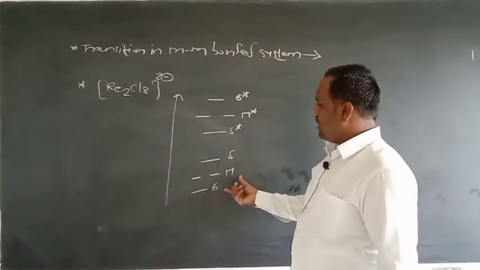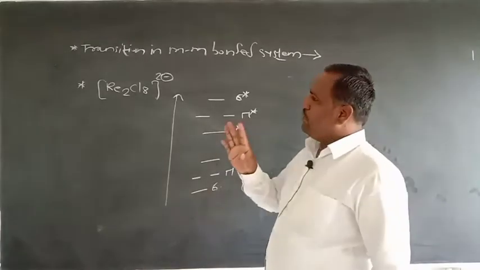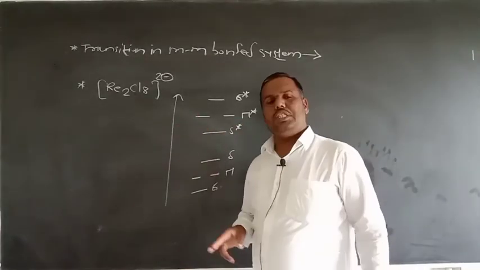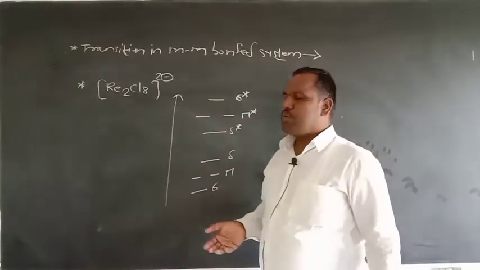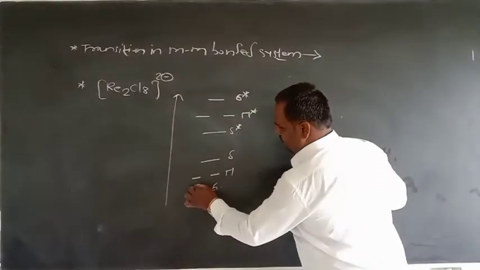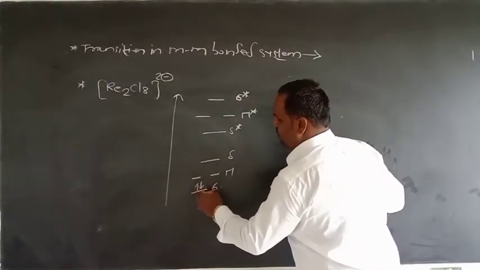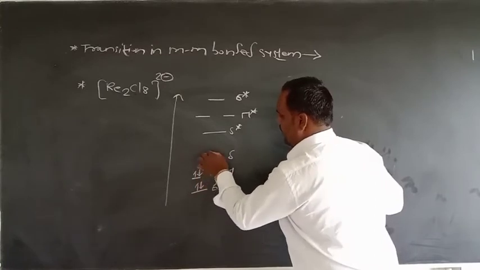So this is the bonding molecular orbital, this is the anti-bonding molecular orbital, and each rhenium contributes only 4 electrons for bonding and the other rhenium contributes 4 electrons for bonding. So total 8 electrons: 2, 4, 6 and 8.